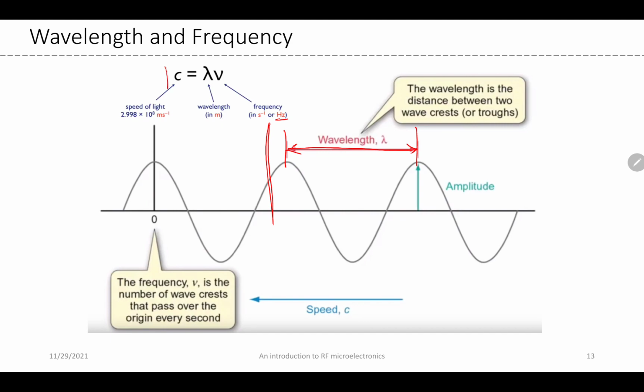So then you have a very simple relation, which is c, the speed of light. Since we're assuming we're dealing with wireless communications, all wireless signals basically travel with the speed of light, and it can be expressed as wavelength times the frequency.